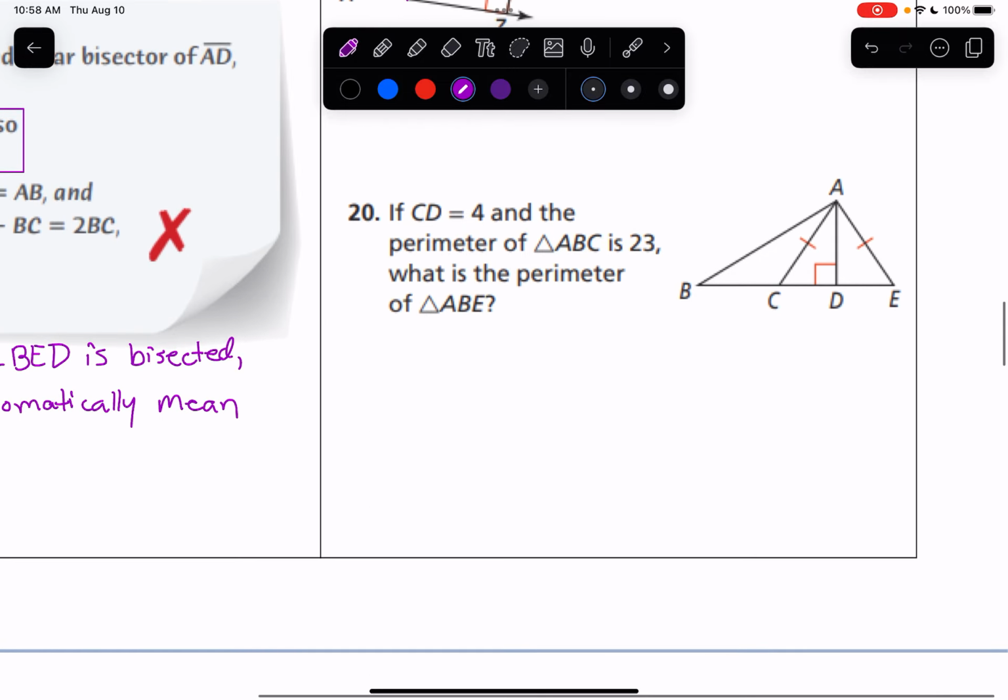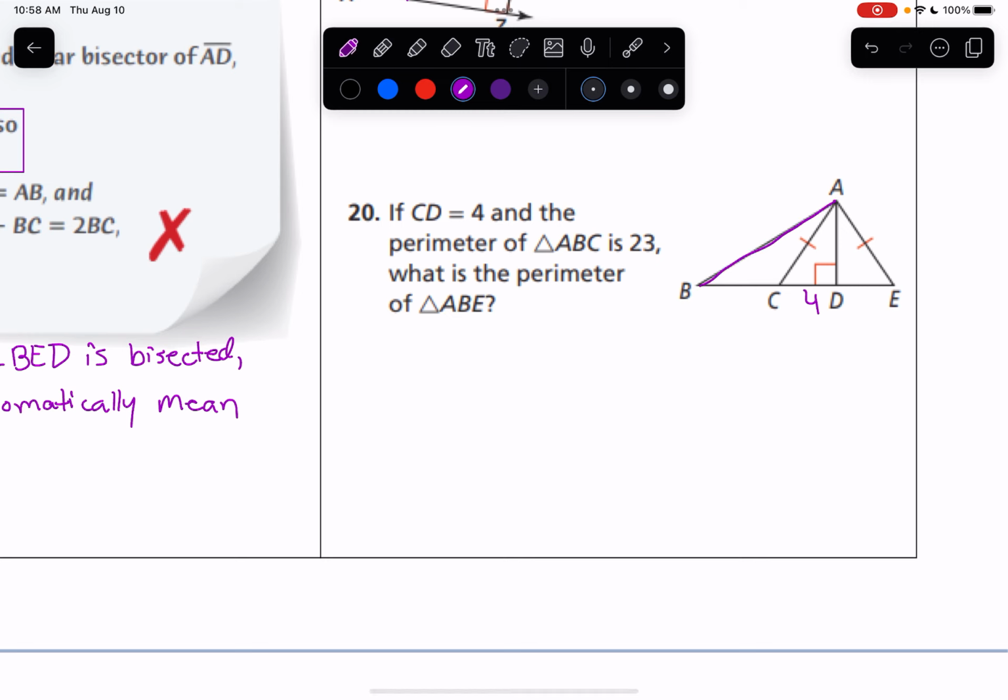Number 20, if CD equals 4, and the perimeter of triangle ABC is 23, what is the perimeter of triangle ABE? All right, well, let's see. Let me outline the triangle. ABC is 23.